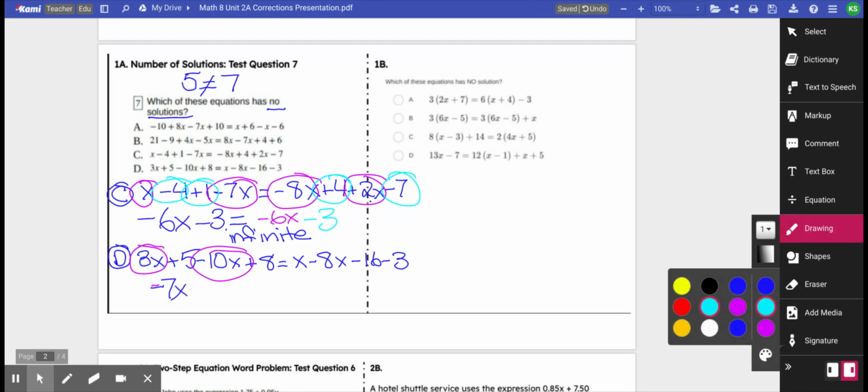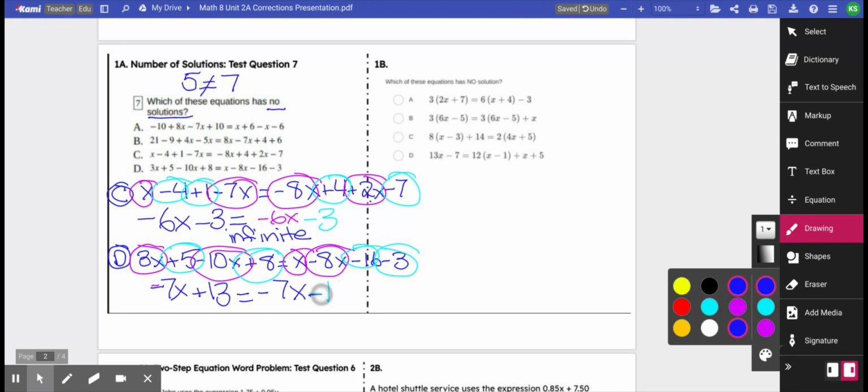And then I have 5 plus 8, which is plus 13, which equals, now I have x minus 8x. So I have negative 7x. And then I combine my negative 16 and my negative 3, and I get a negative 19.